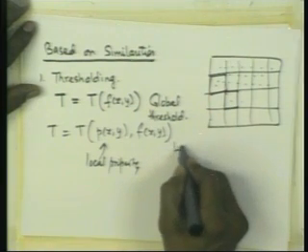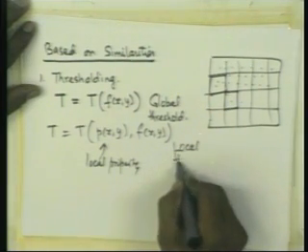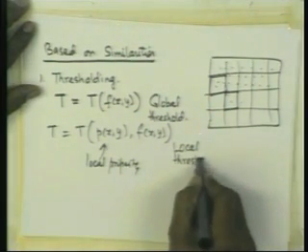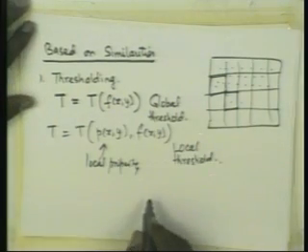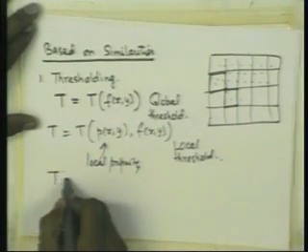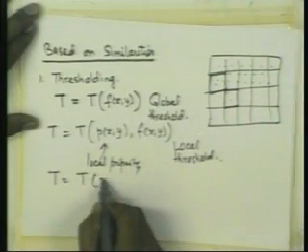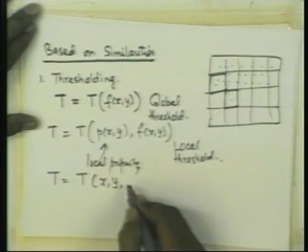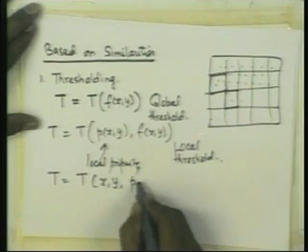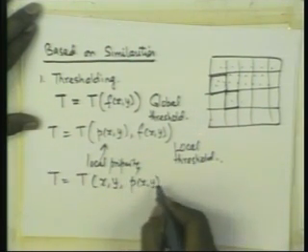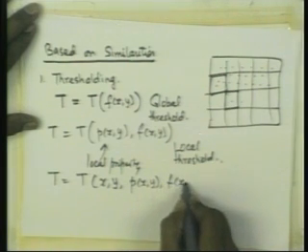Then this is called a local threshold. Finally, I can have a dynamic threshold which not only depends on these two, but also depends on the individual pixel locations. Then this is going to be called a dynamic threshold.